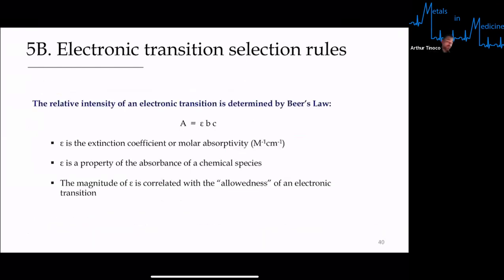All right, so we're simply relying on that very simple relationship that you learned a long time ago, called Beer's law. That relationship between absorbance and the concentration of a given species, with this particular constant, which is the extinction coefficient, also referred to as the molar absorptivity.